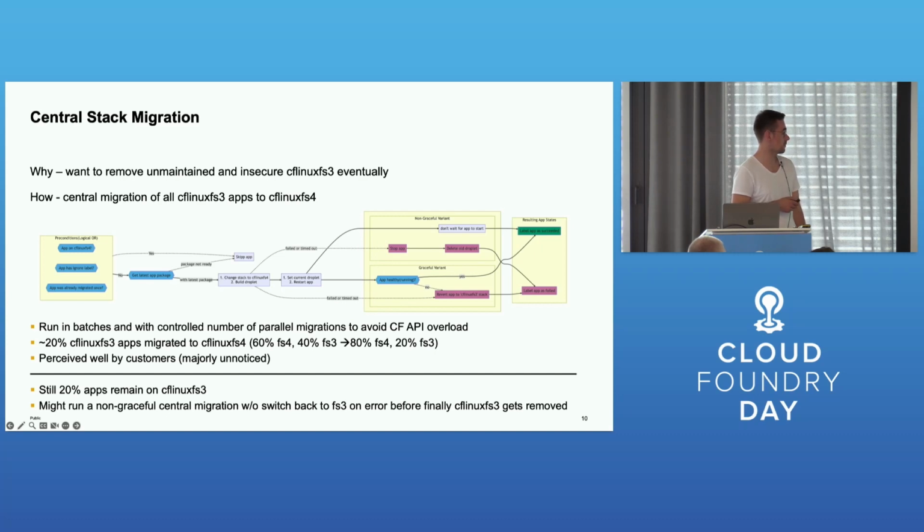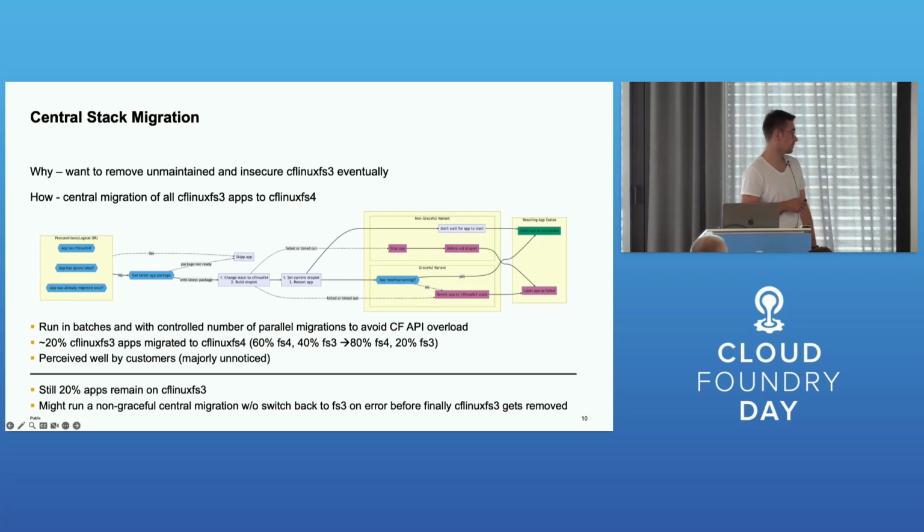And on the good side is that you can run it in batches. So we have quite a huge number of apps. We run this logic in parallel in relation to how many cloud controller VMs we have, like how much API capacity we have.